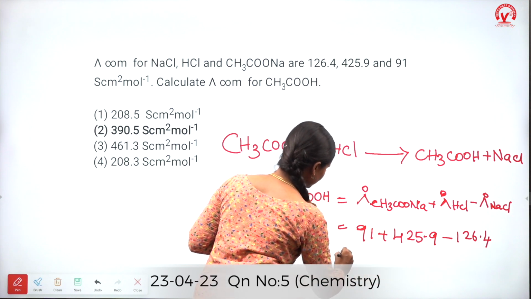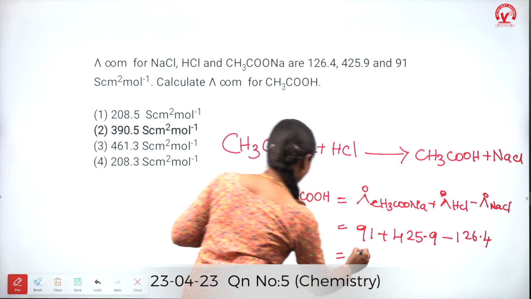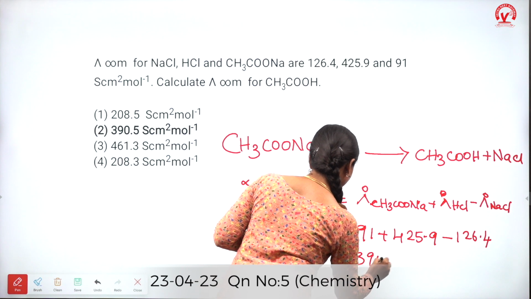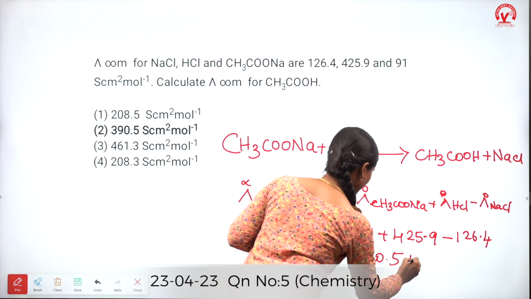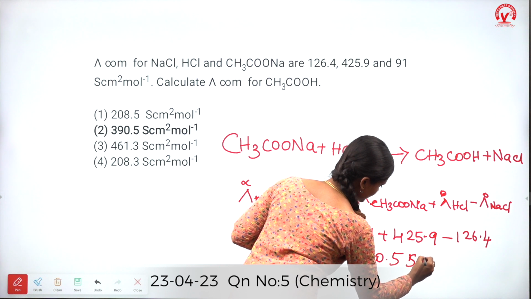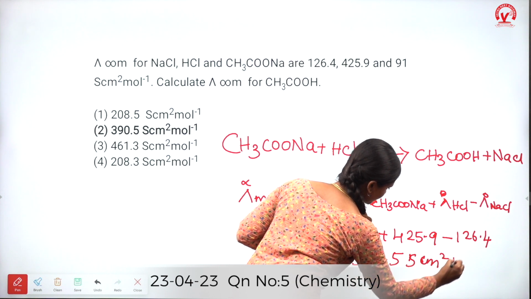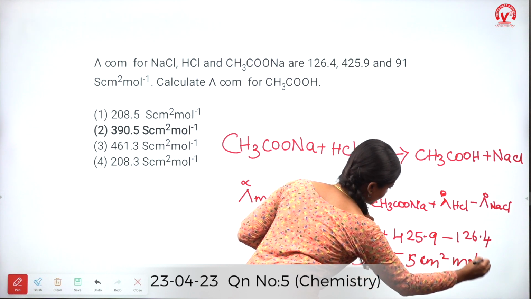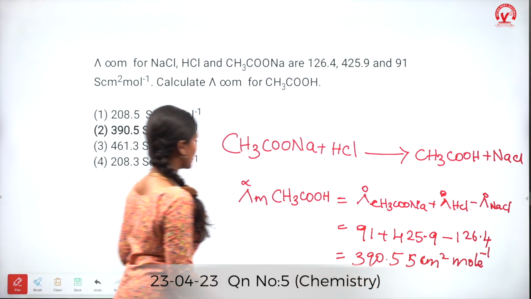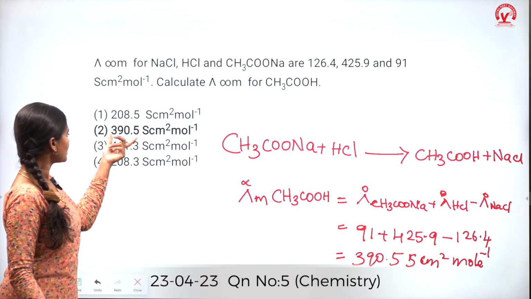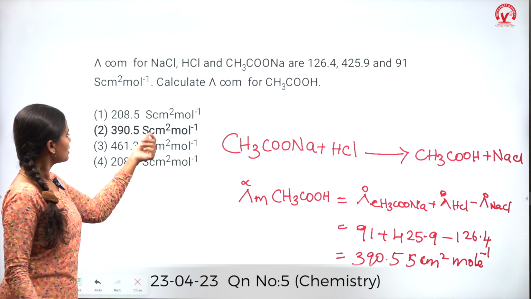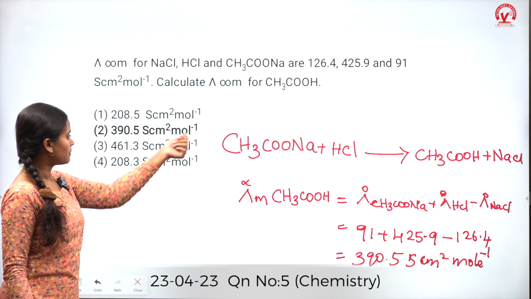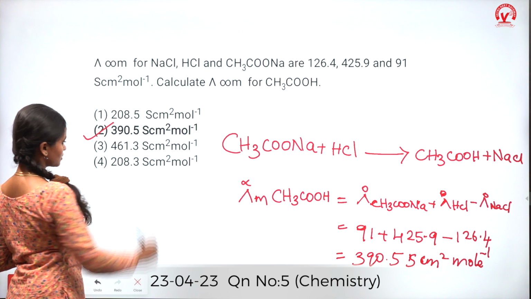When solving this, we get 390.5 Siemens centimeter square per mole. So the answer is 390.5 Siemens centimeter square per mole, and option 2 is correct.